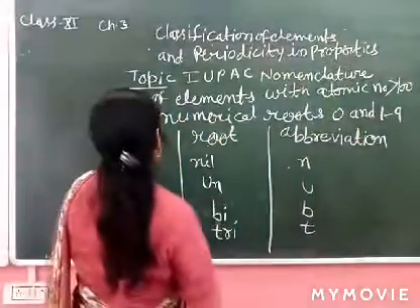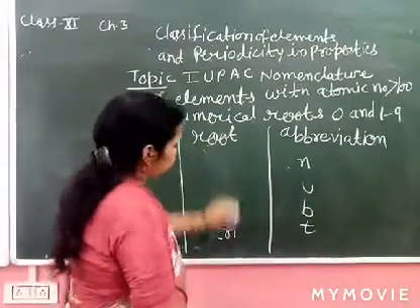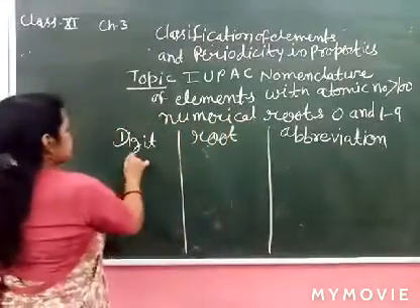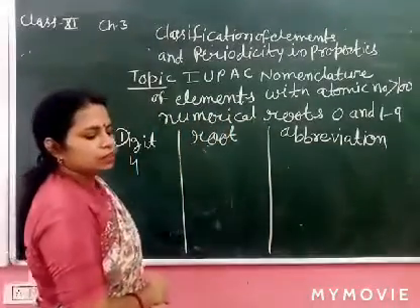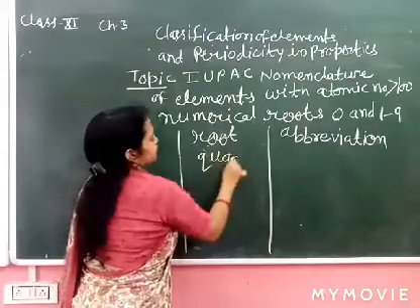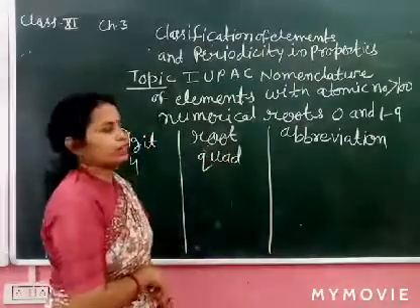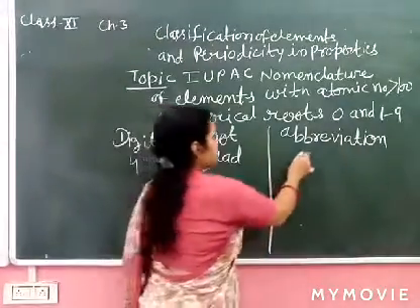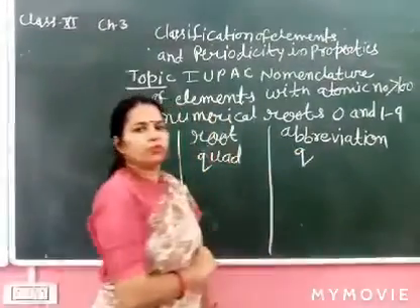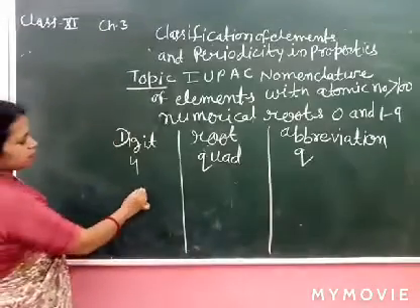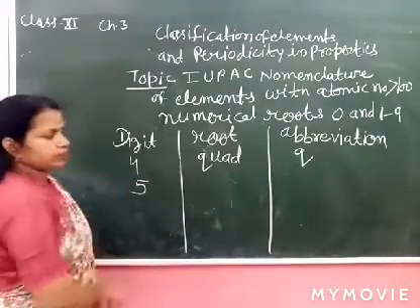Next, the digit is 4. The root is quad, and the abbreviation is Q. Next, the digit is 5.